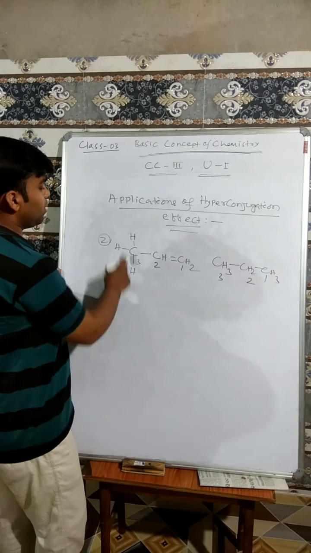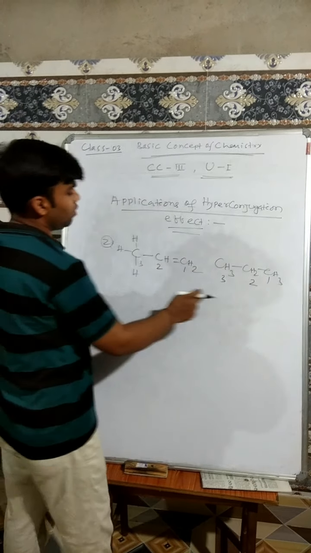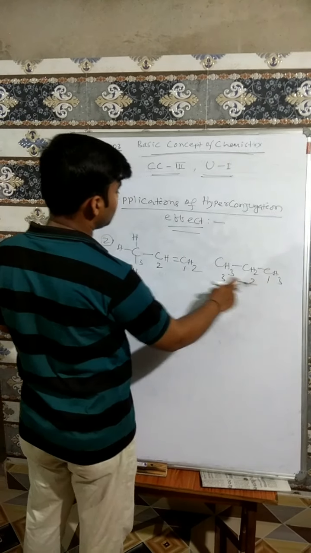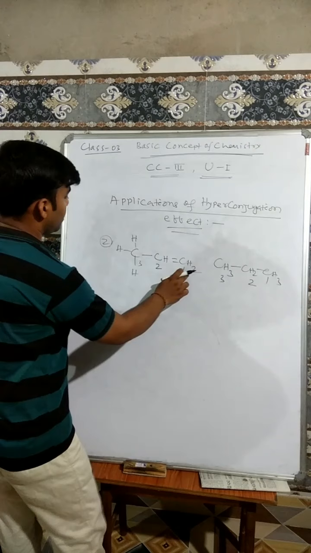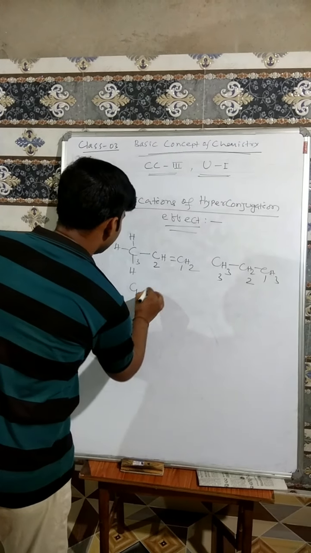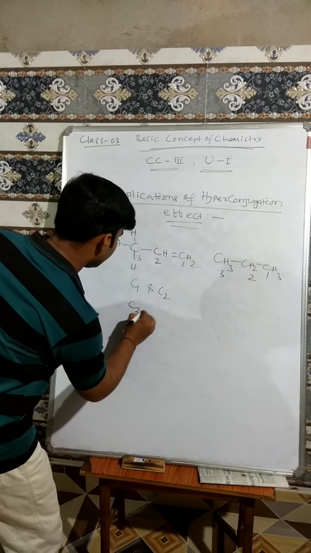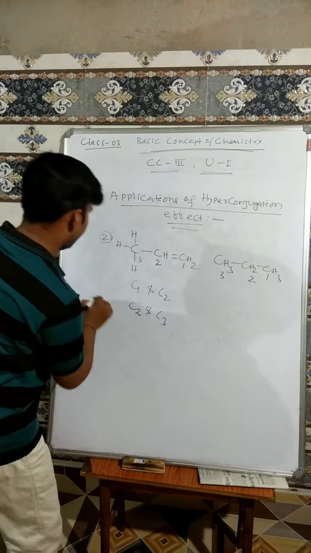You see in the propene molecule, the counting is like this, 1, 2, 3, and also in propane 1, 2, 3. You see there is a double bond in propene between C1 and C2, and there is a single bond between C2 and C3. There is a C single bond C, and there is a C double bond C.